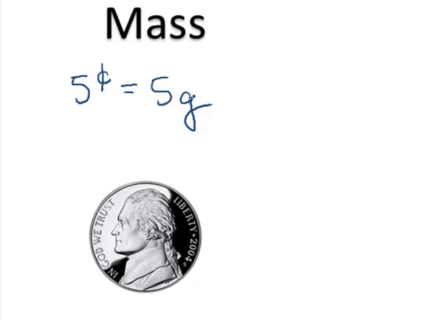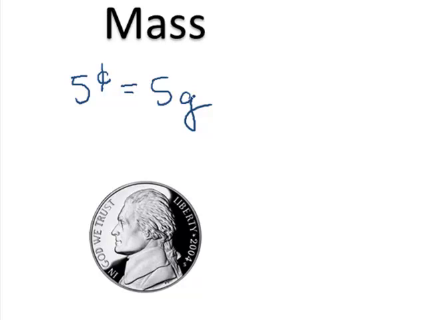Furthermore, it can give you some appreciation for how small the units we often work with in the health sciences are. Very commonly, patients are prescribed 50 milligrams or 250 milligrams. A milligram is 1,000 times smaller than a gram, so we're talking about very, very small units of measurement.